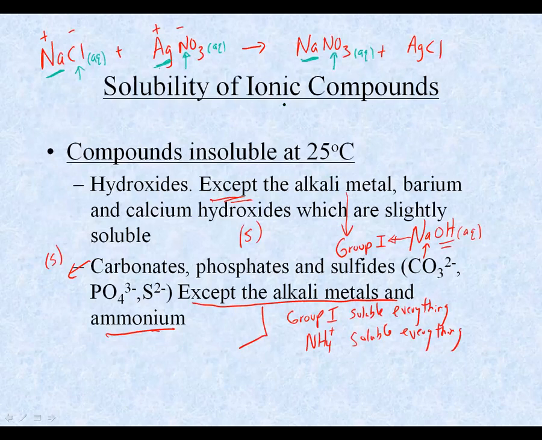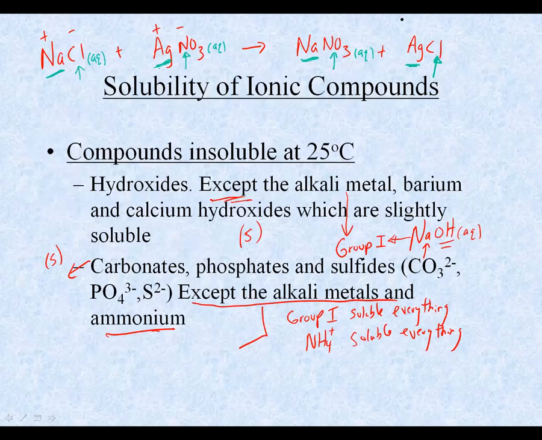Now, when we get to the end, we have silver chloride. Here we can find the chloride on the table. The chloride is soluble in everything, but there are 3 exceptions: silver, lead, and mercury. In this particular case, as you can see, we do have silver.